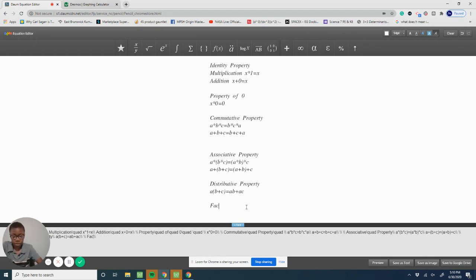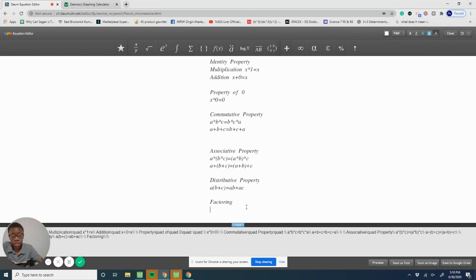Now there's factoring. It's the opposite of the distributive property. So let's say we have an equation like this. I'm going to start to put powers in there just so that you can get used to that.